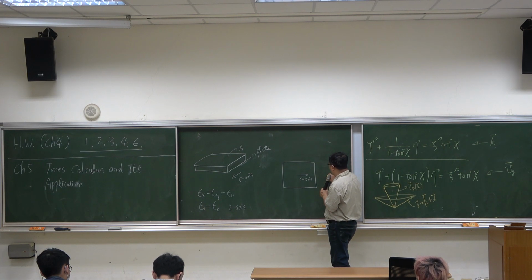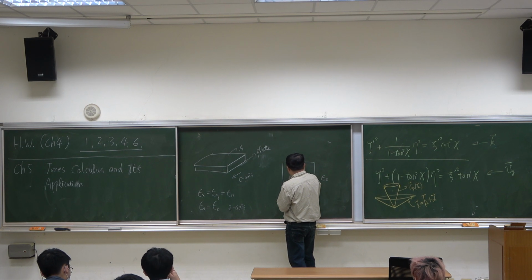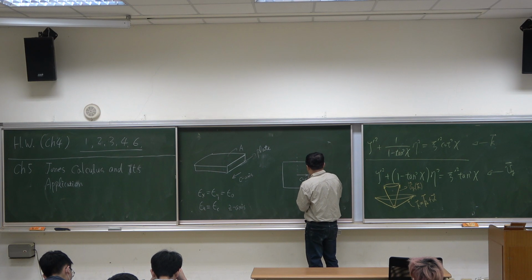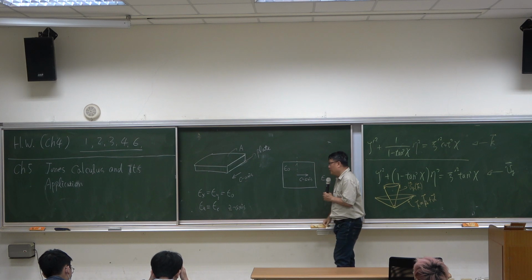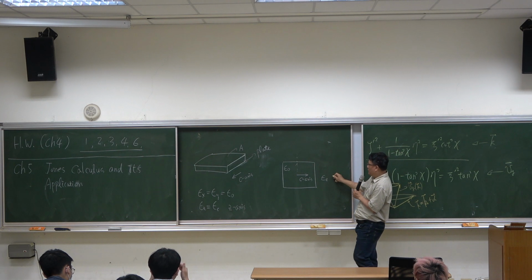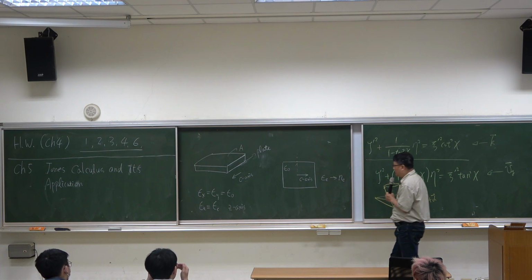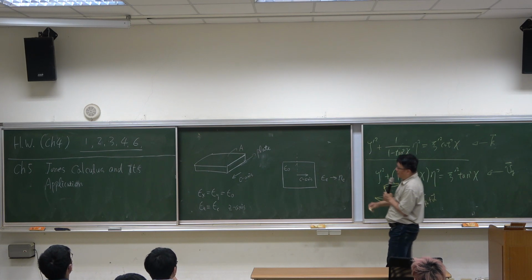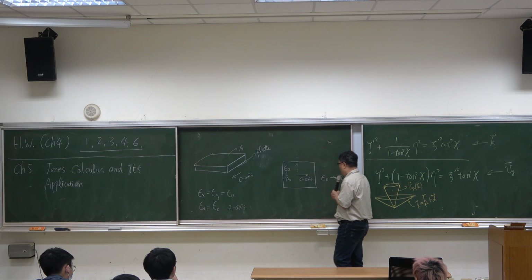So along this direction, we have epsilon equal to epsilon E. And in the direction perpendicular to this direction, we have epsilon equal to epsilon O. So epsilon E corresponds to refractive index NE, and epsilon O corresponds to refractive index NO.